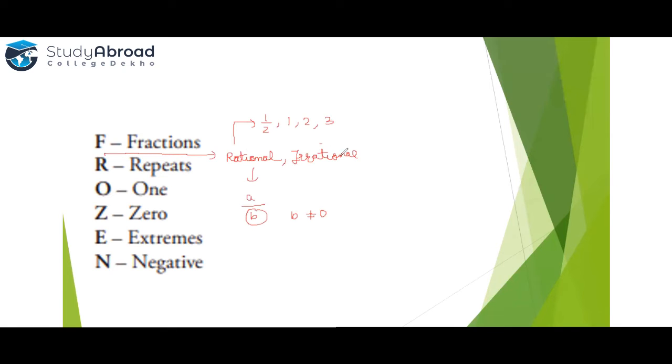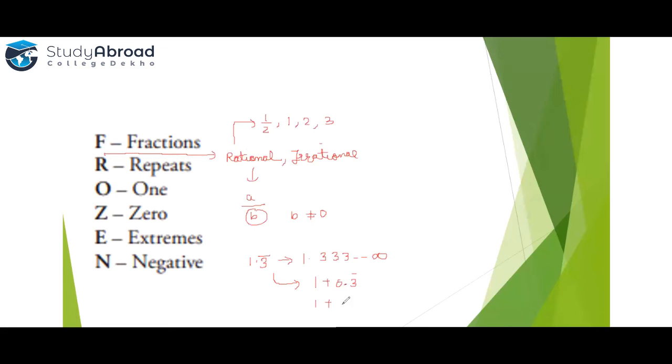Okay, so my question is, is 1.3 bar a rational number or an irrational number? You can think about it. Okay, now 1.3 bar basically means 3, 3, 3, 3. It goes on repeating. It's a non-terminating repeating decimal. So I can write this as basically 1 plus 0.3 bar. Right.